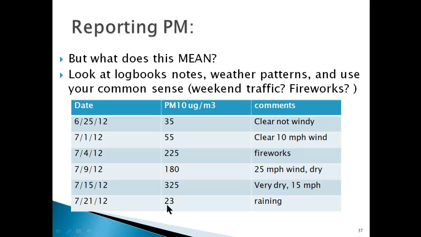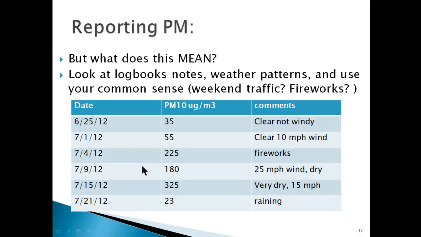So looking at that, you might wonder, is this weird data? Look how it's jumping around. But you can go to your logbook, and the logbook entries were written into the comment field in this table, and you can see it makes total sense because on the 4th of July was fireworks, and that caused a lot of PM10 that was monitored. People were shooting off fireworks all night long.